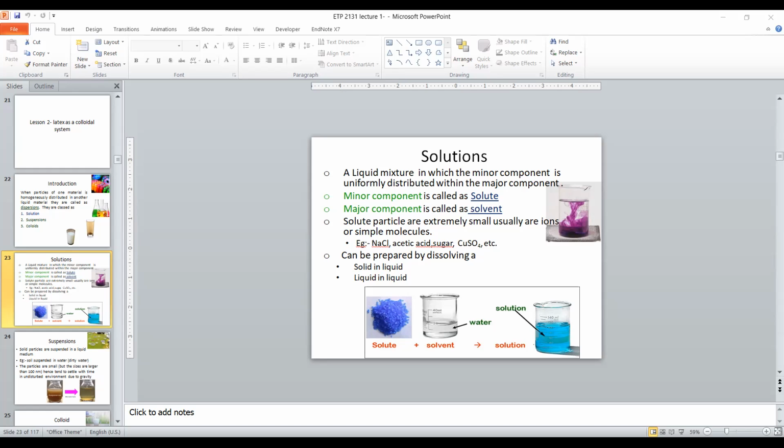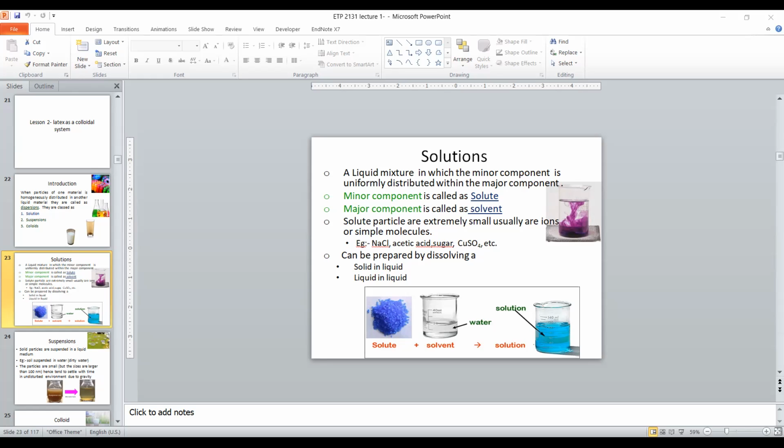So based upon the quantity of the two components, you call them the minor component and the major component. In milk, you have protein and fat as minor components. The major component is water, so it is the solvent. So let's see what these sols, emulsions, foams, and aerosols are. It's getting late.